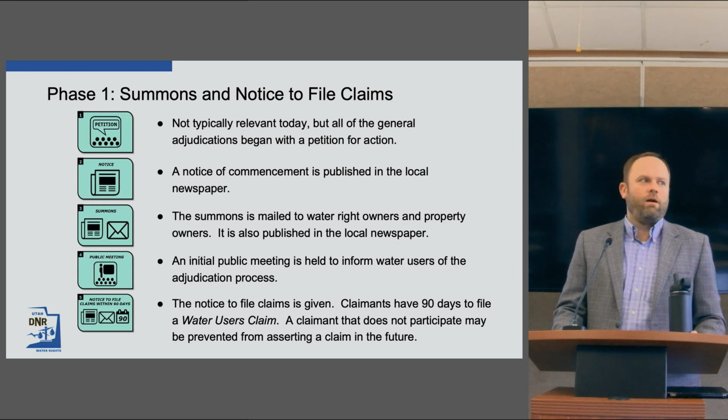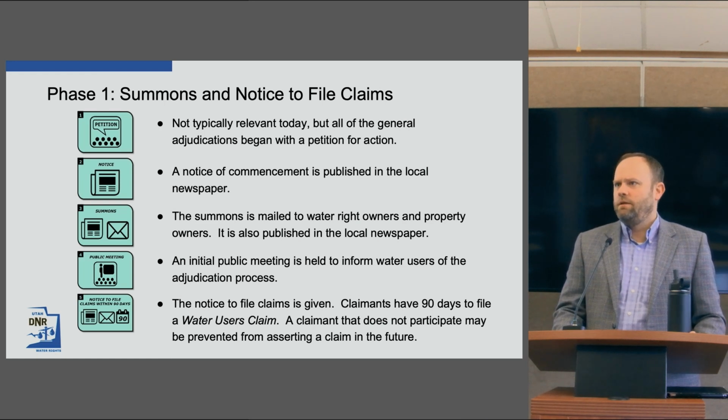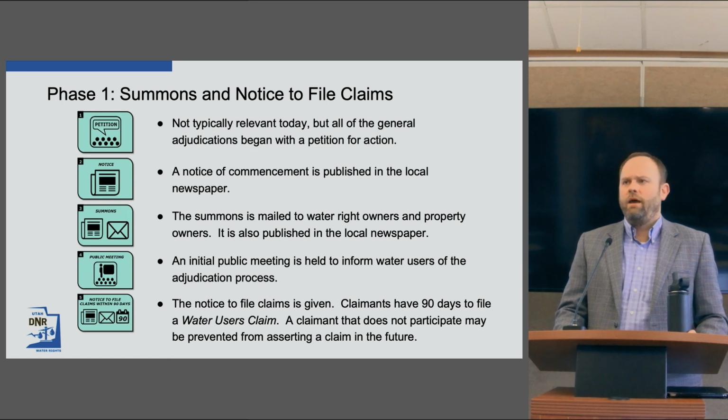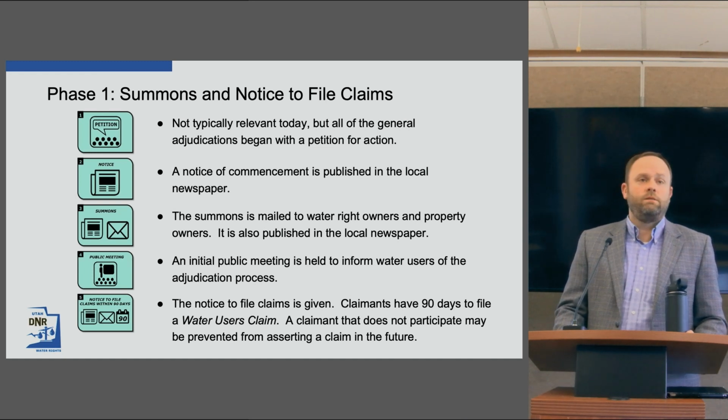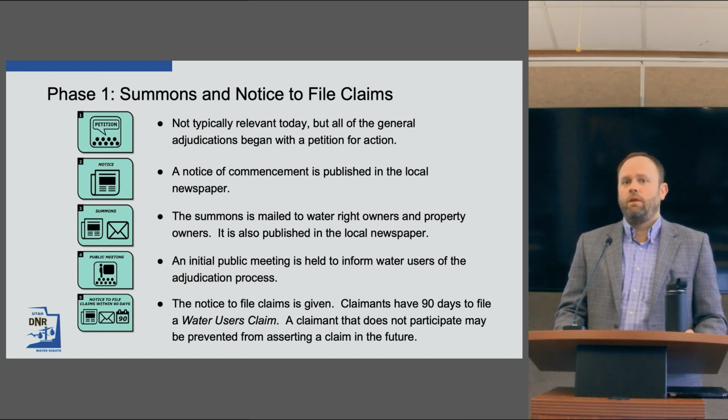This is the scary part. This gets a lot of phone calls and a lot of concerned people. So we publish the summons in the local paper for 5 weeks, and we send out a mass mailer to all known water right holders and all property owners within the geographical area. So it's huge. We're looking at thousands of pieces of mail that go out when we commence an area.